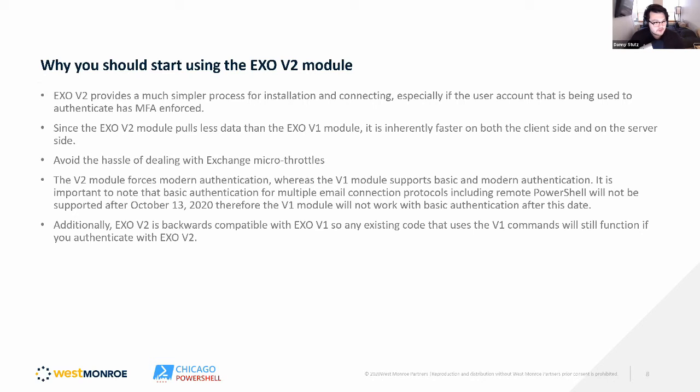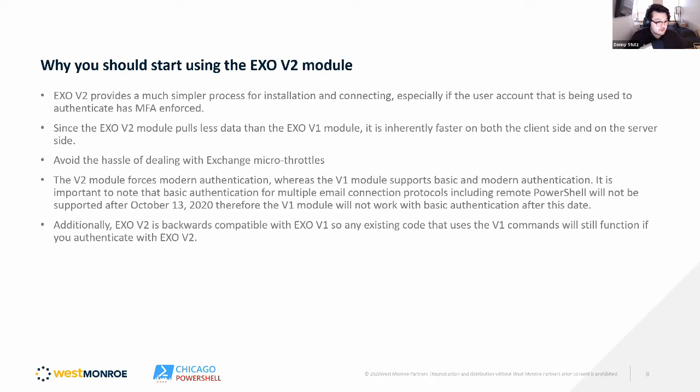So if you want to wait until October 13th, 2020 to upgrade to V2, you can. But if you want to have faster scripts, more accurate data, and also avoid getting stopped in the middle of your script and having to restart it, that's the main reason that upgrading to EXO V2 is worth it.